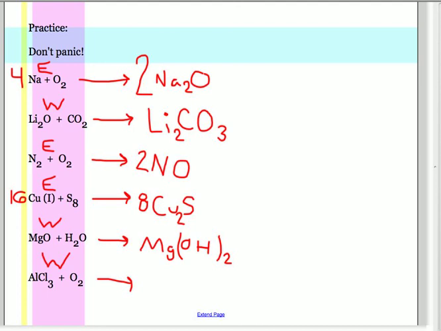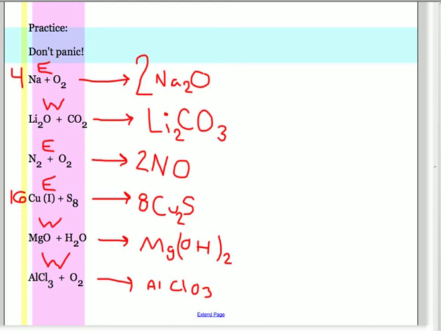And the very last one. Metal chloride plus oxygen. It's definitely a weirdo. Look it up. We are going to make a metal, which is aluminum chlorate, which is ClO3. Sorry for my atrocious handwriting. And again, balance your charges. Aluminum is +3.